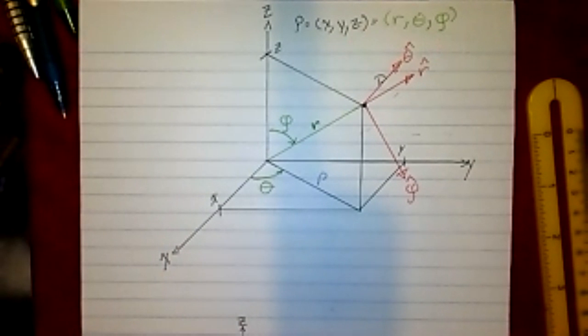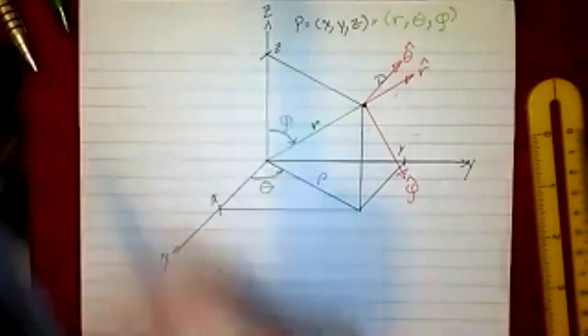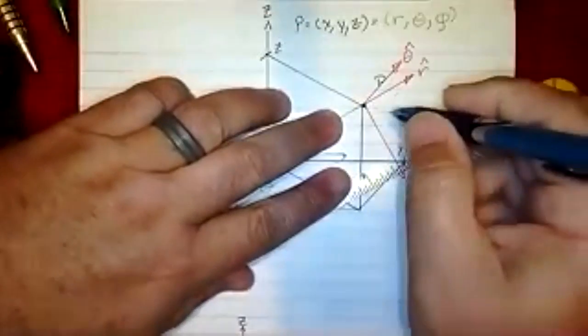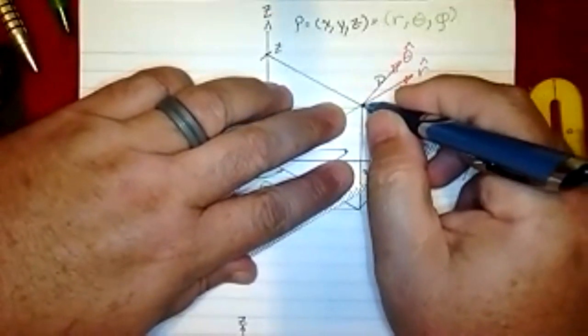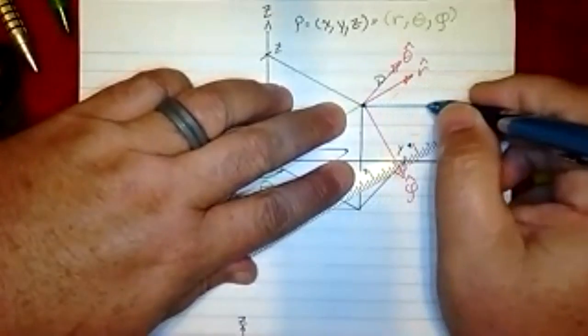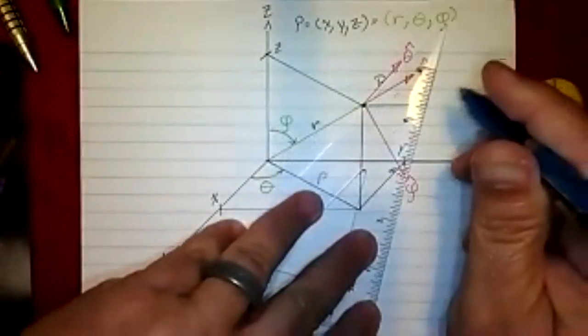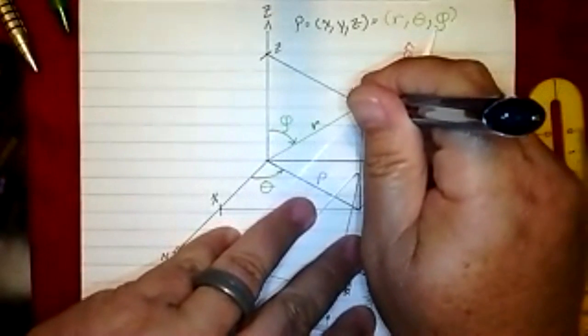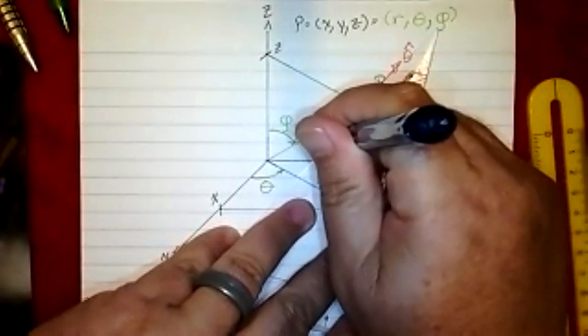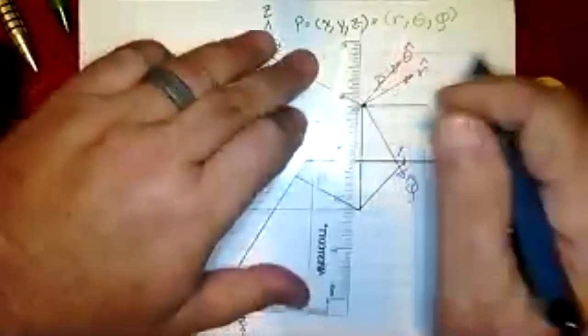If you want to do that, we need to draw another coordinate system. So I'm going to draw another y-axis like this, another x-axis like this, and another z-axis like this.